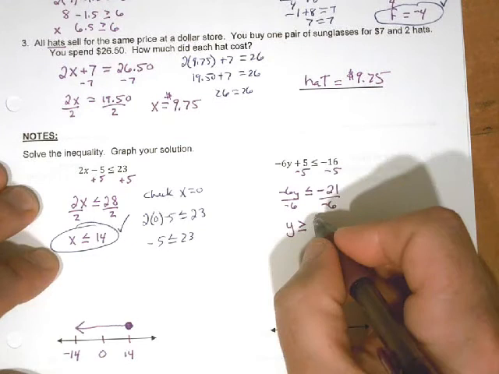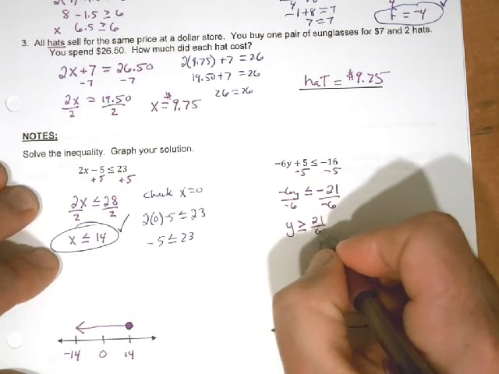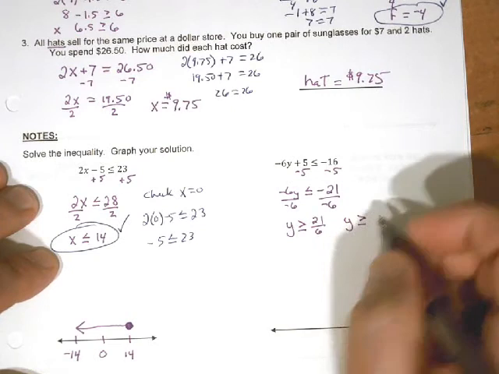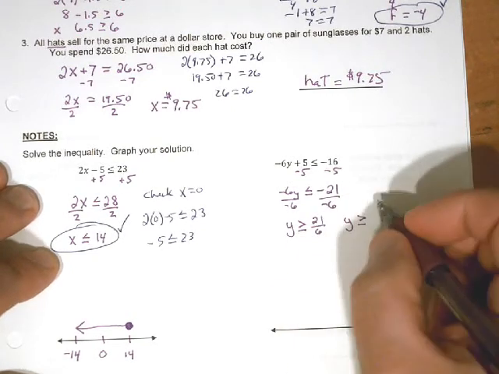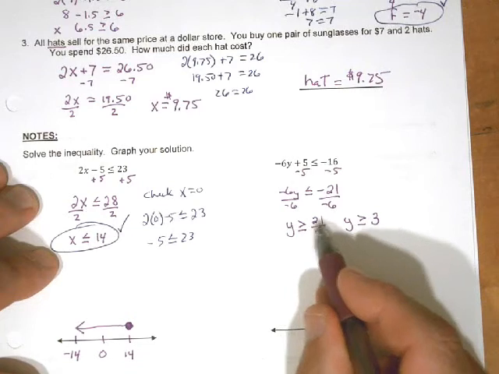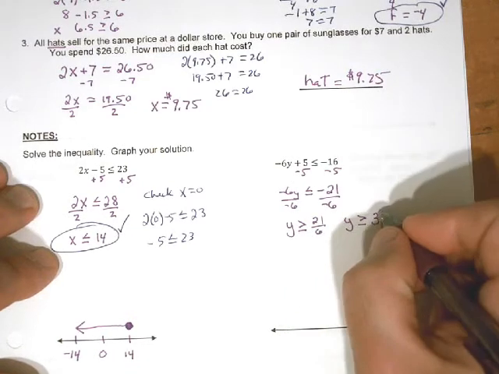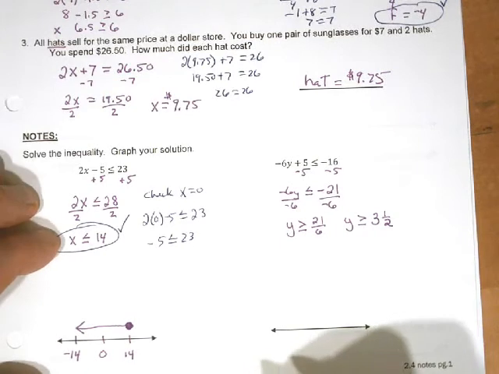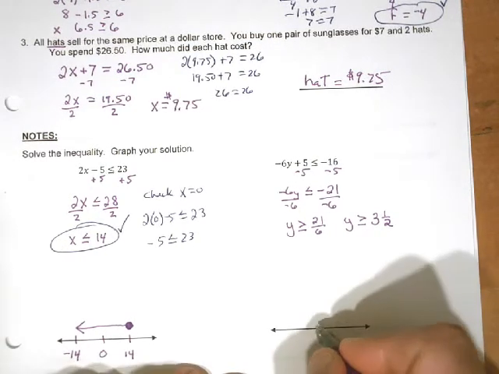So y has to be greater than or equal to, it's a negative over a negative, and it cleans up to 21 over 6, which I'm also going to write as y is greater than or equal to... 6 goes into 21 three times. That's 18. Then I have 3 sixths left, so that's actually 3.5.